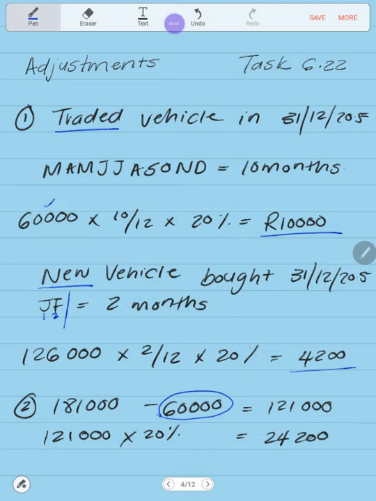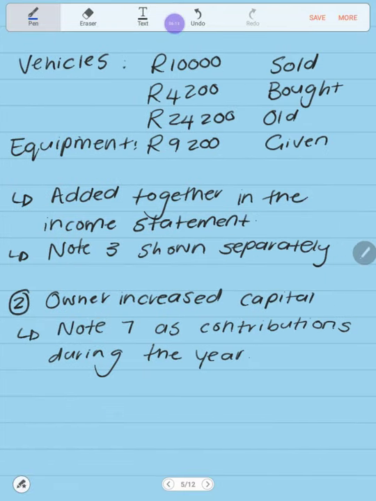And because you had these vehicles for the full year, you do not have to worry about months. So 121 times 20%, we get a value of 24,200 rand. Okay, so there's the depreciation of the sold, the bought, and the old.